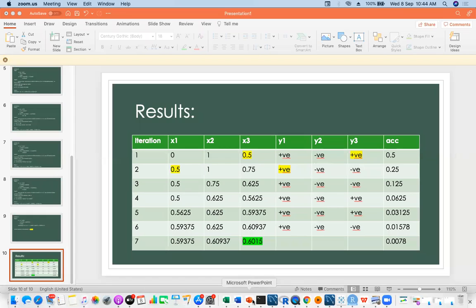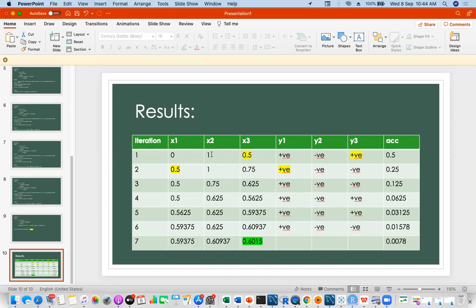So x1, x2, x3 we will calculate. y1 is positive, y2 is negative, and now we calculated y3 that is positive. So what we will do, we will replace whatever was earlier positive, right? So y1 we will replace. In the next iteration, instead of y1 we will have this y3 value. That's why I have made the same color for this.